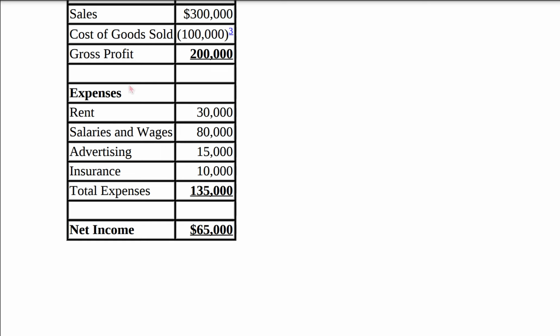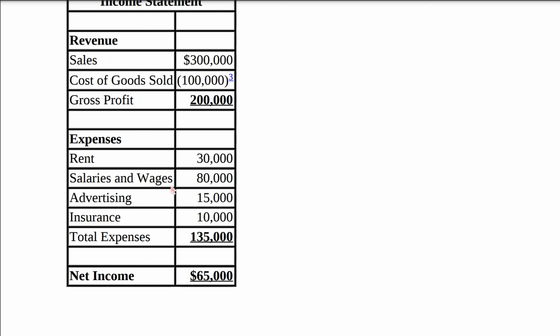So the total will be total expenses, and after deducting total expenses from the gross profit, we will get net income. Tax will be charged on this net income only. This net income is used for distributing dividends to the shareholders. So gross profit minus total expenses will be net income.